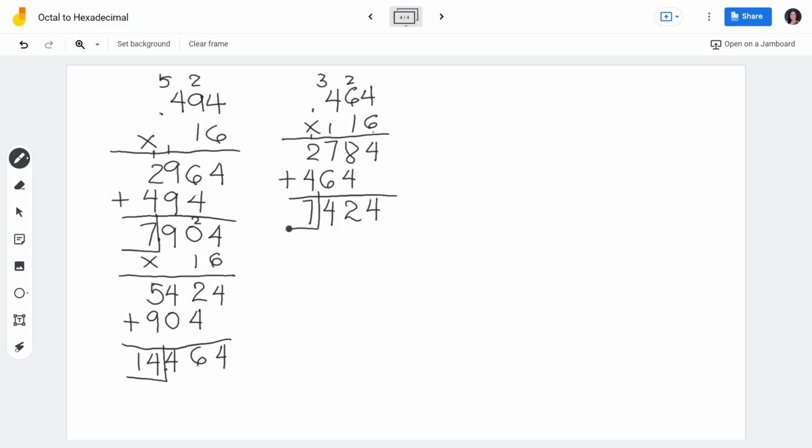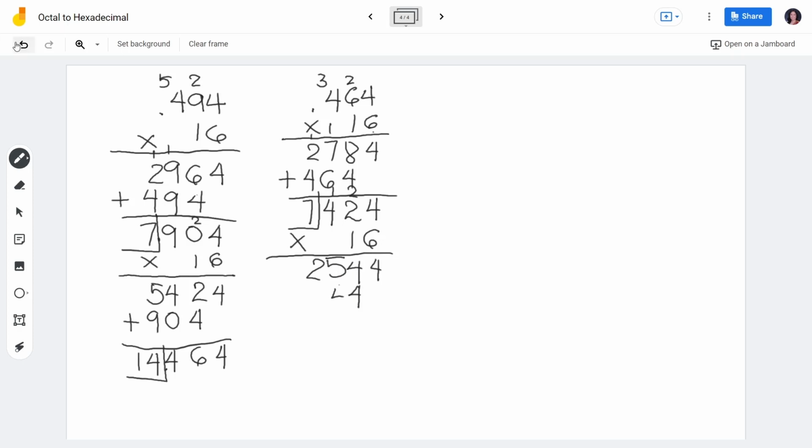And then last, to get the fourth place, times 16 again. So 6 times 4 is 24. 6 times 2 is 12 plus 2 is 14. 6 times 4, 24 plus 1 is 25. And then 1 times 4 is 4.